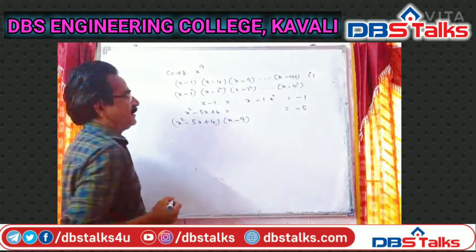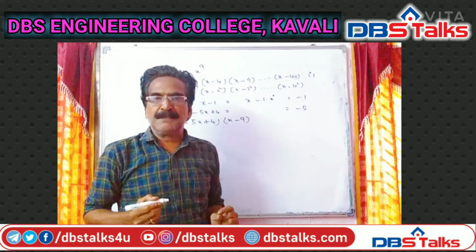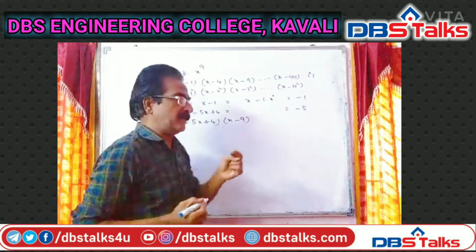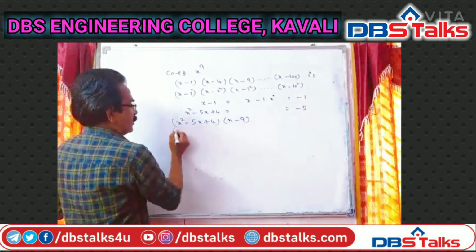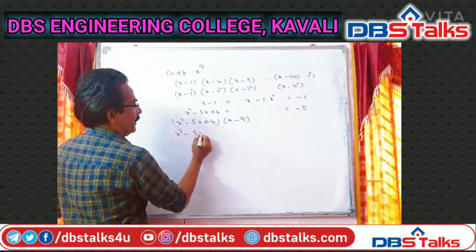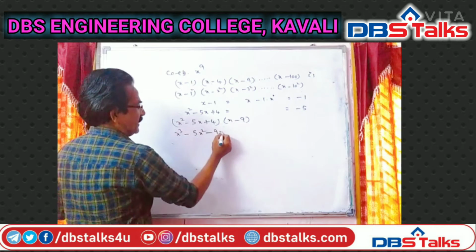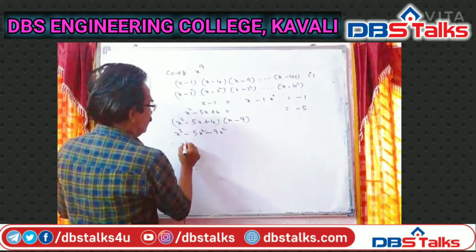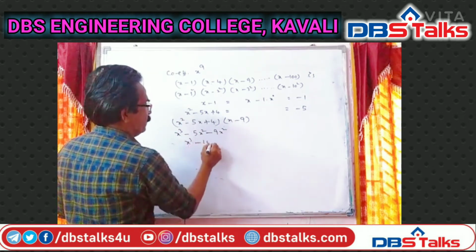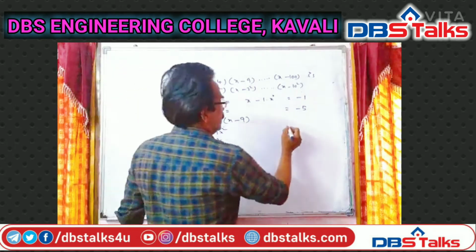We are multiplying 3 terms, and let us observe the coefficient of x square. See, x cube minus 5x square minus 9x square. So the coefficient is x cube minus 14x square. So the coefficient of x square is minus 14.